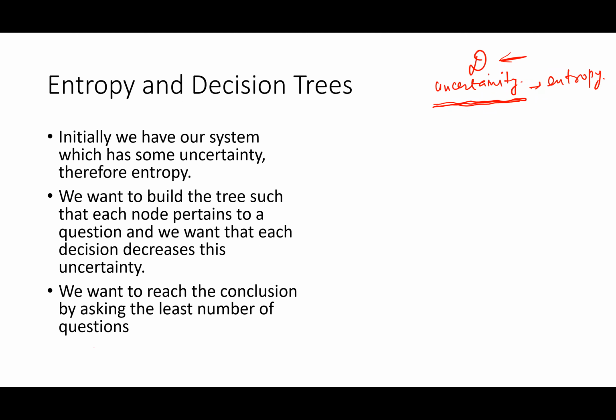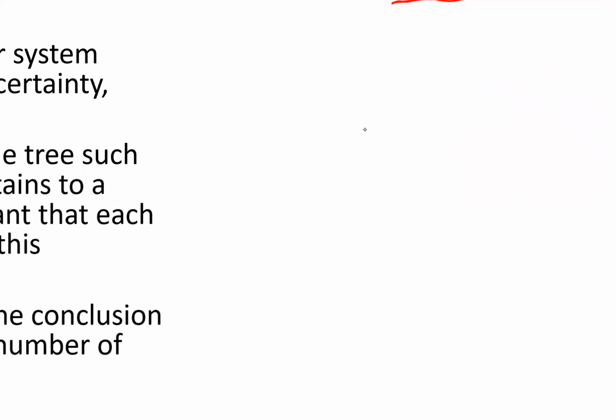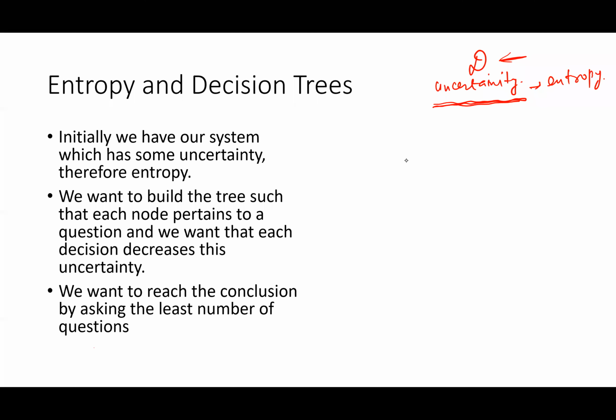Fine. Now what's our goal? Our goal is to come up with a decision tree such that this uncertainty goes down, and consequently this entropy should go down.